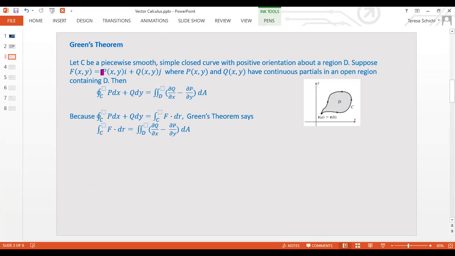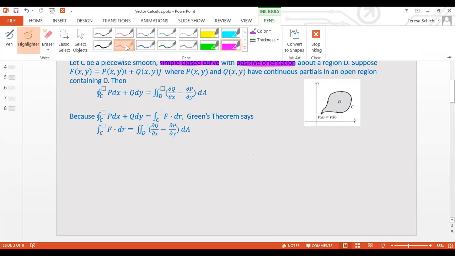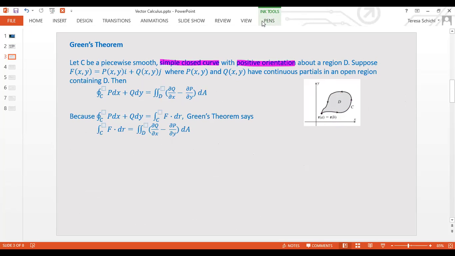We say C is a piecewise smooth, simple closed curve with a positive orientation. You see the arrows go this way. This is a closed curve, and the region it encloses is D.